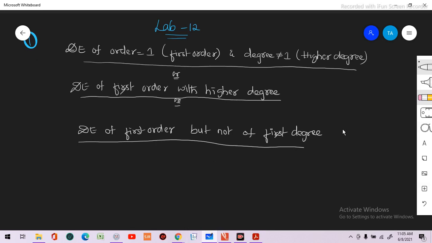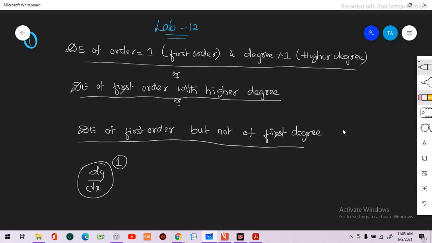So whatever we have studied until now is only with order 1 and degree 1. Differential equation, dy by dx, everywhere it was 1.